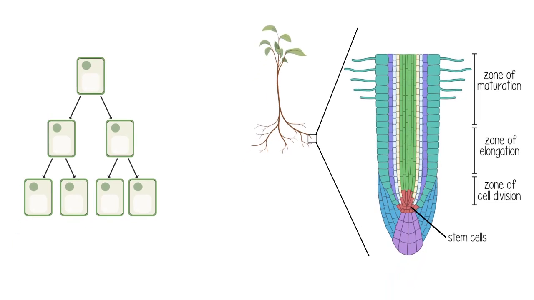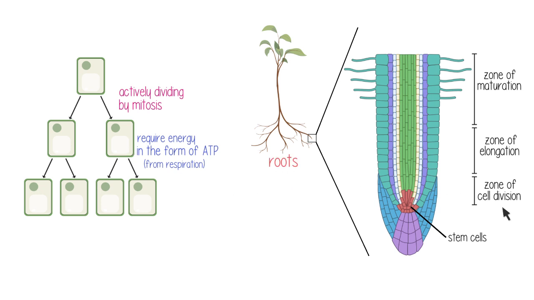Every single living cell is supposed to respire, but respiration happens most vigorously inside cells that are actively dividing by mitosis, because such cells require the most energy. And energy in the form of ATP is produced during respiration. Mitosis occurs most frequently within the roots in the zone of cell division.